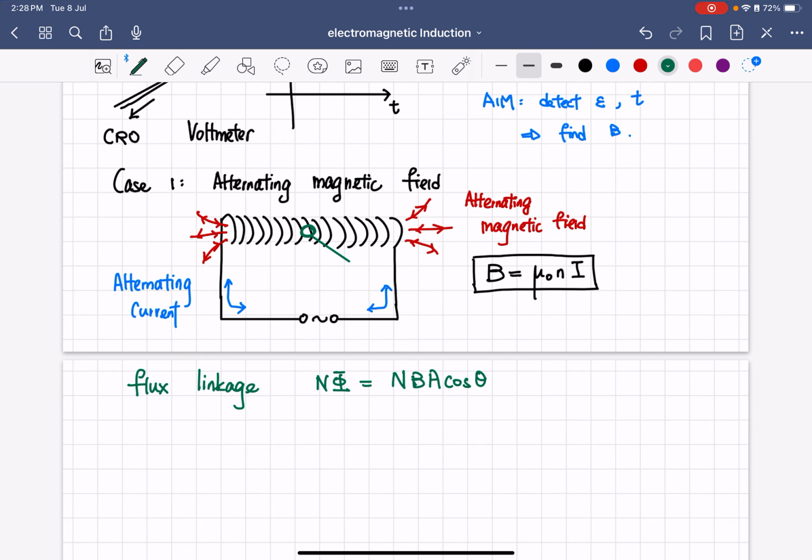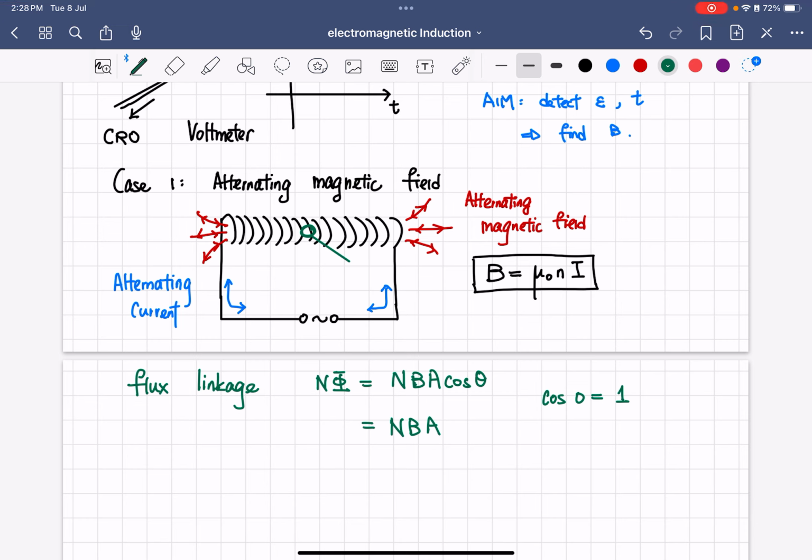And since you do not turn the search coil, you will have it as NBA, because cosine 0 equals 1.